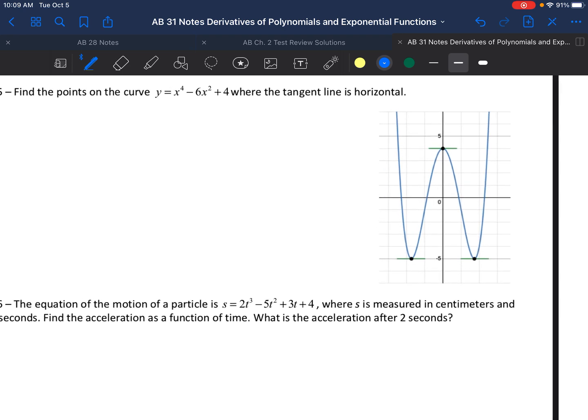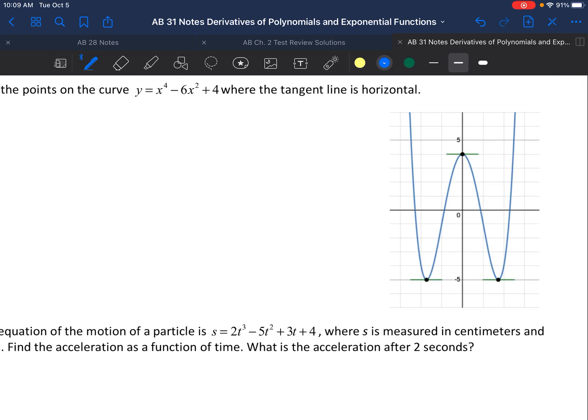Let's find the points on the curve where our tangent line is horizontal. Now, we know that y prime is going to be 0. So let's go on and take y prime. It's going to be 4x cubed subtract 12x. And we want to know, when is that equal to 0?